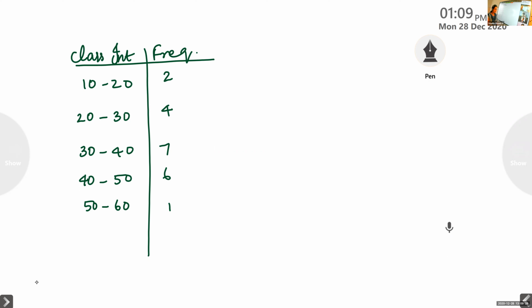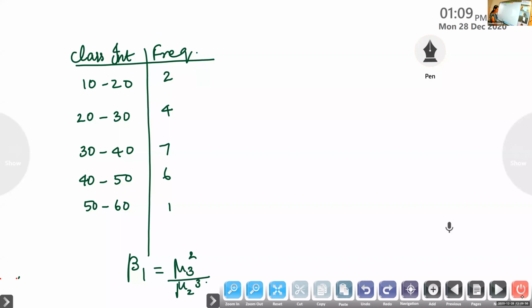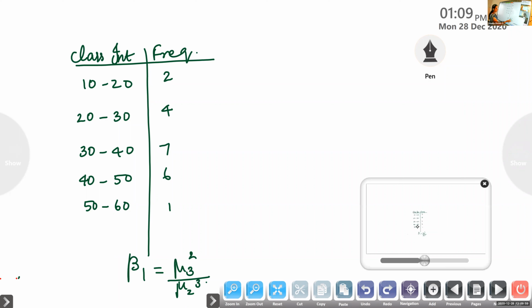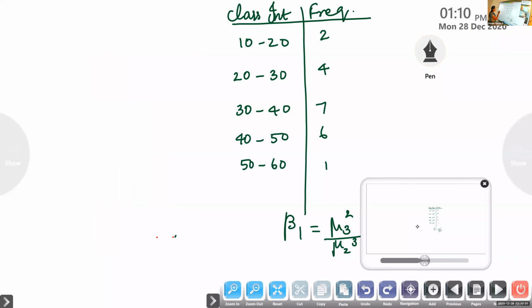We are asked to find the moment coefficient of skewness. See, moment coefficient of skewness we denote as beta 1. Beta 1 is equal to mu3 square by mu2 cube. So we want to find mu3 and mu2. Can you recall the formula for mu2?